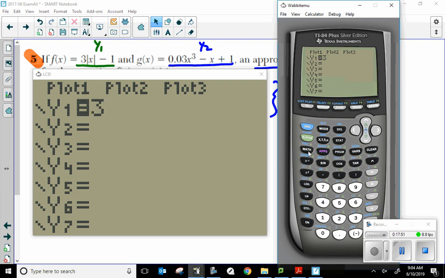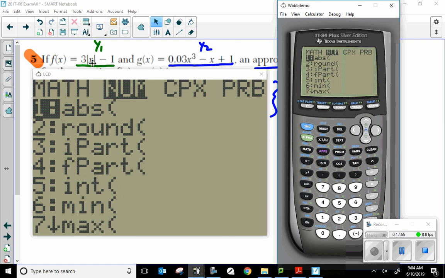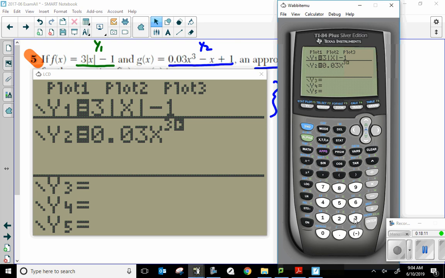If I go to math and move over to number, ABS is for absolute value here, of x, I pop out and subtract 1. All over, I'm going to put this in here. 0.03x cubed, pop out there, minus x plus 1.